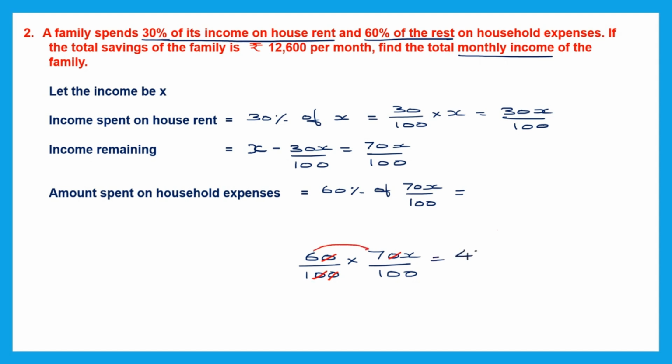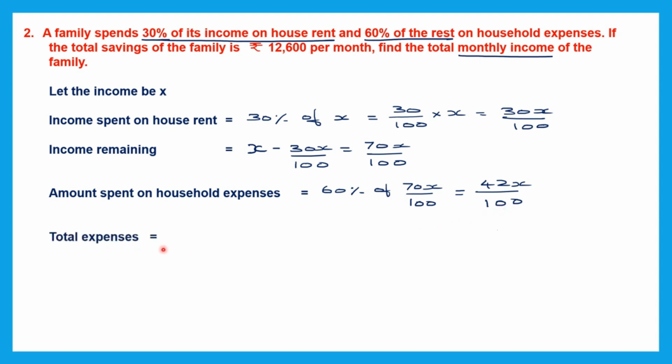So that is 42x, and in the denominator we have 100. So the amount spent on household expenses is 42x by 100. So now we know how much has been spent on household expenses.